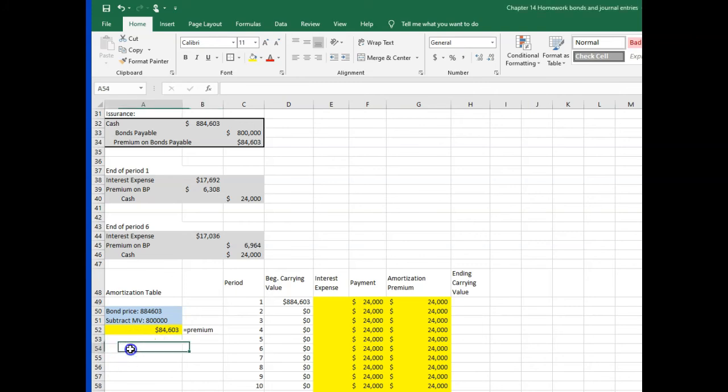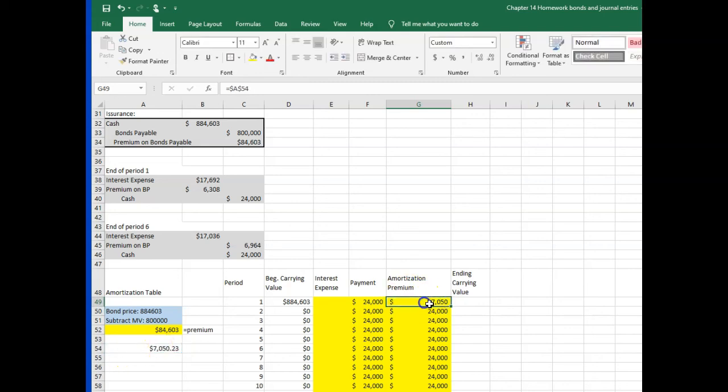And what I'm going to do now is take that number and divide it by 12, number of periods. And so straight line amortization of this premium will be this amount. So what I'm going to do is put in, click on that, and I'm going to hit F4 again, make that stationary.